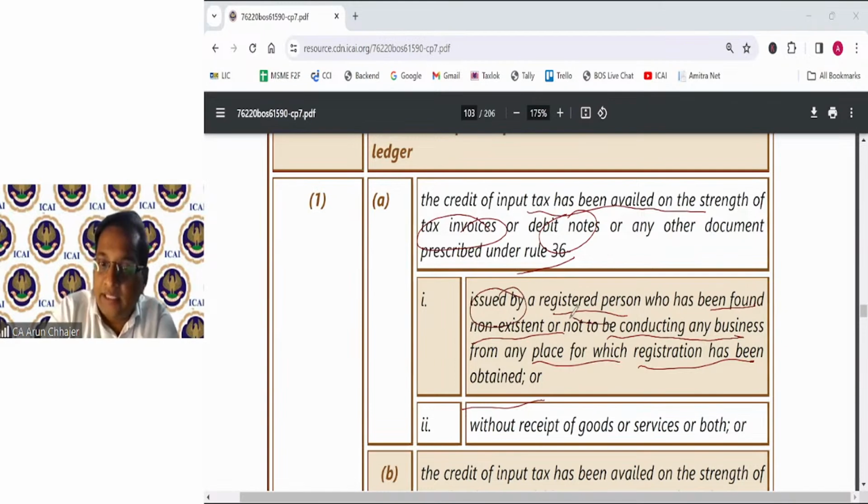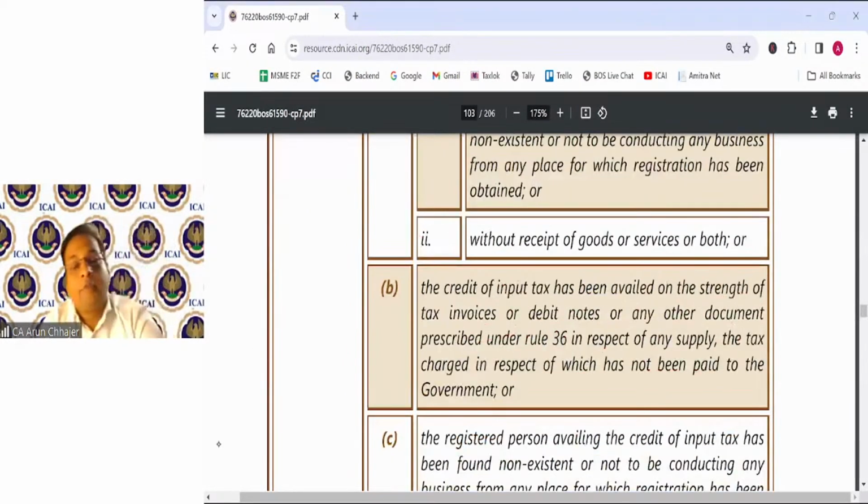So the supplier is not existing or is not conducting the business from the place which he has declared. Then they are saying without receipt of the goods or services. So only fake invoicing. Only invoices are there, not the receipt of goods.